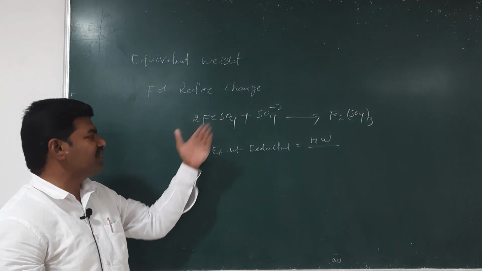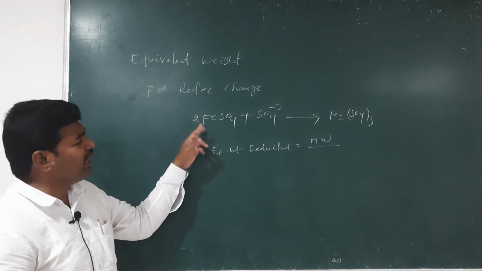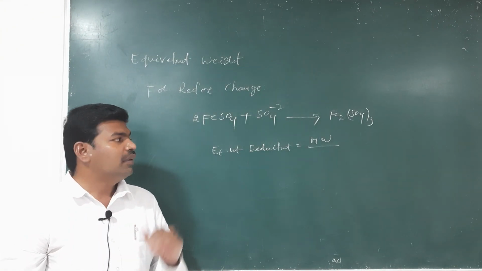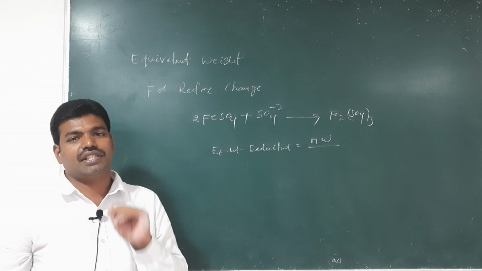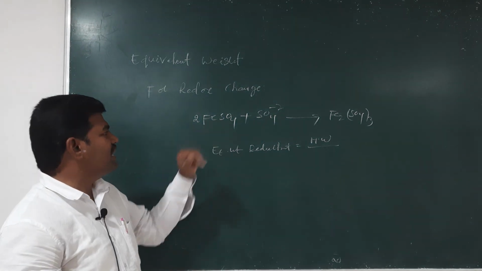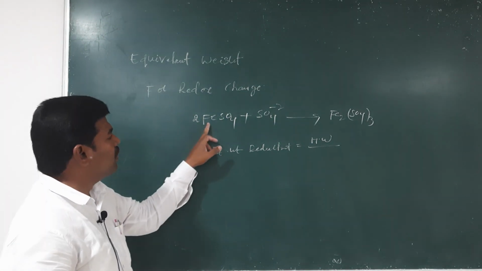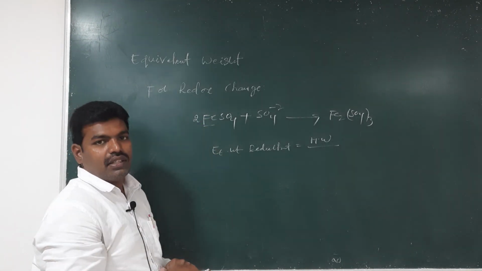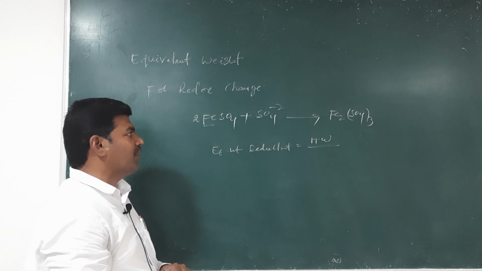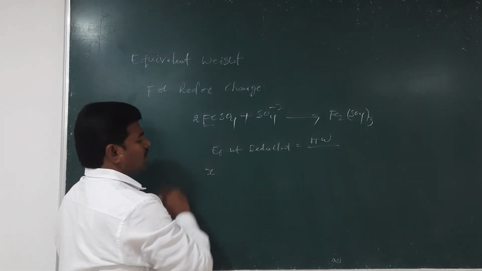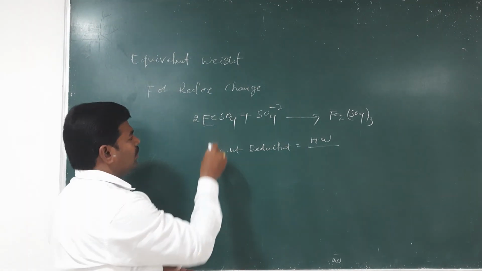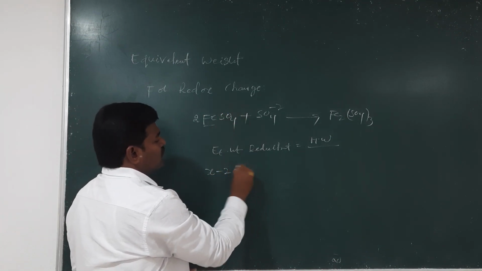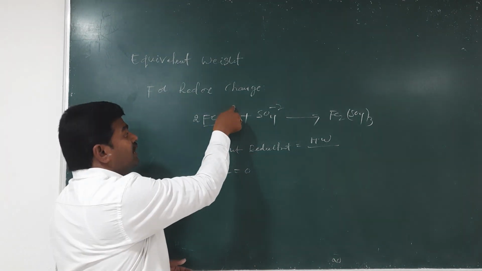How can we calculate the number of electrons transferred by oxidation state change? In FeSO4, let the oxidation state of iron be x, plus SO4 minus 2, equal to 0, since there is no charge.